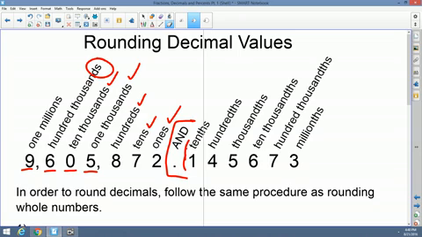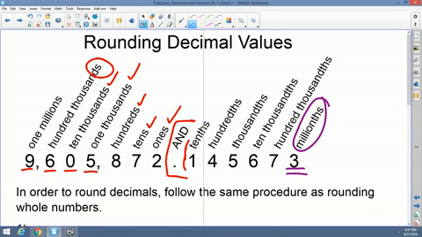So again, you read that decimal normally. You just read it as if there was no decimal at all, and you end with the last place value of that number. So this is 145,673 millionths. Why?